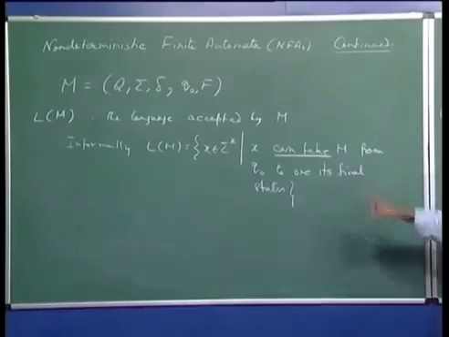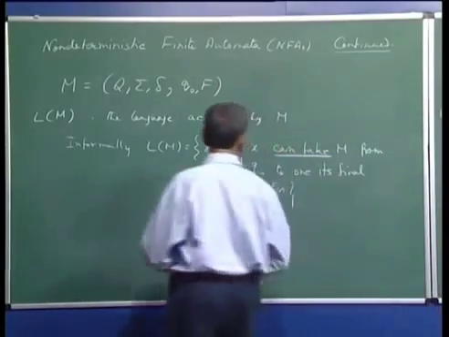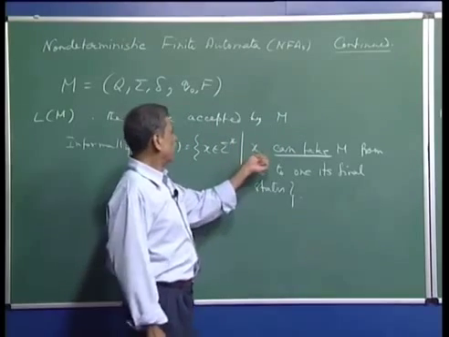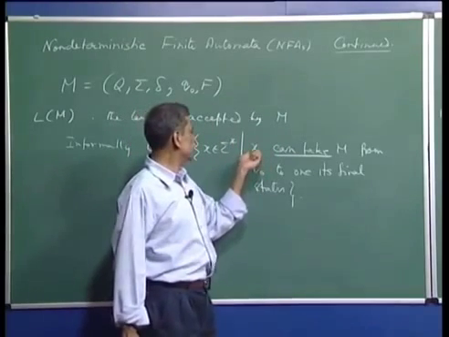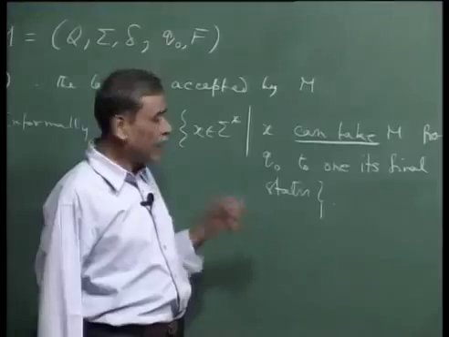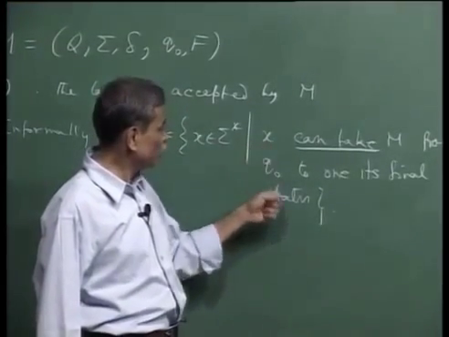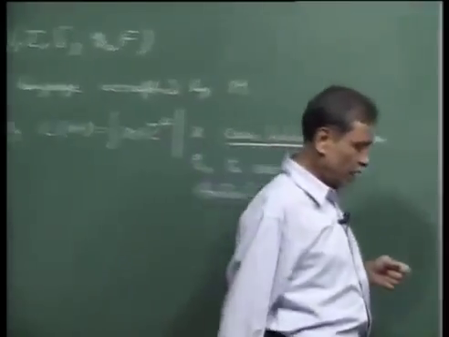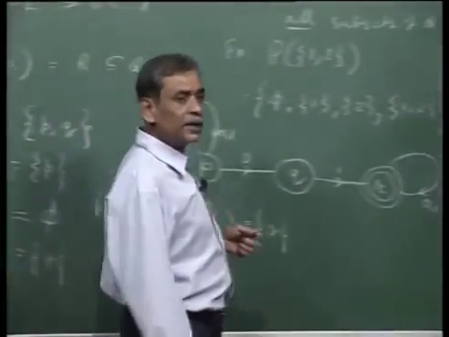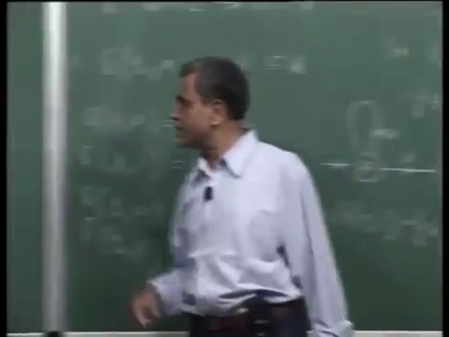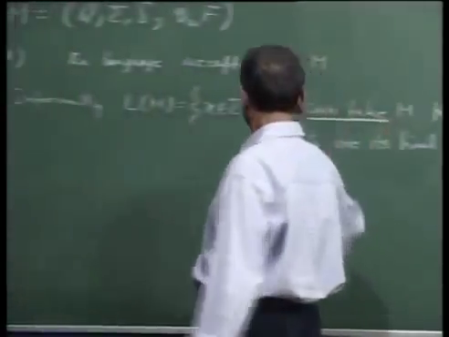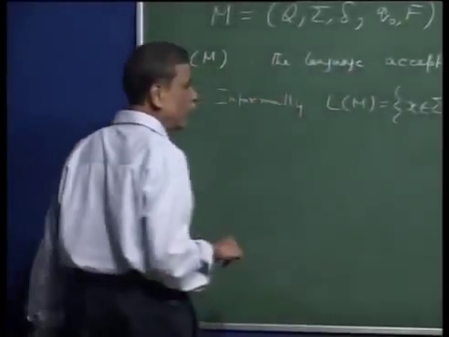However, this thing is well defined. We look at all possible states the machine can go to after reading the string X, and if one or more of the states it can go to happens to be a final state, then we say the string X is accepted.